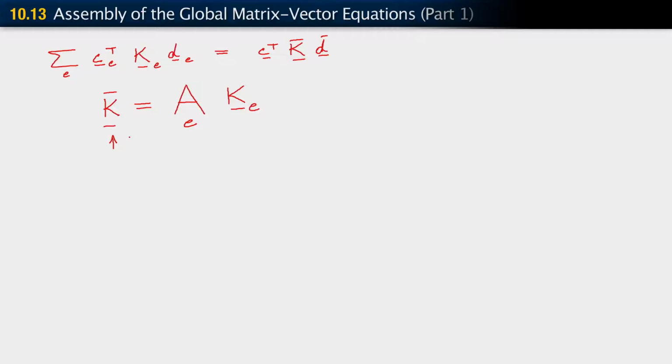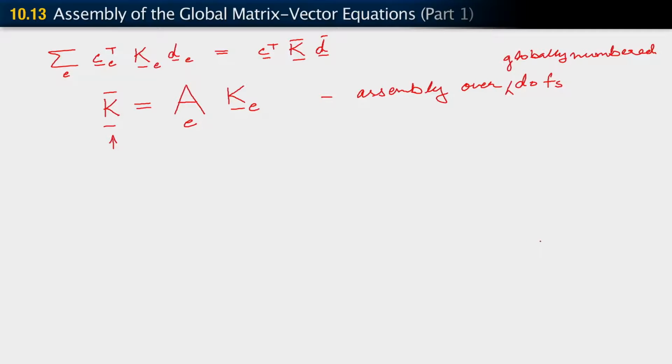So this thing works just as before when we realize that we just carry out the assembly over global degrees of freedom. You just have to carry out assembly over globally numbered degrees of freedom in forming K-bar.